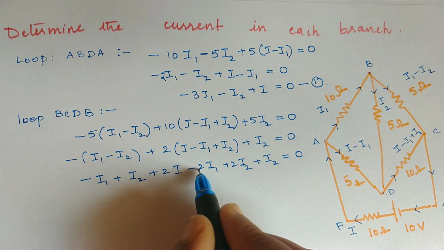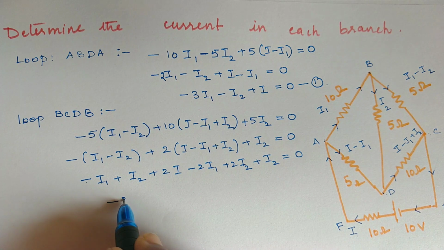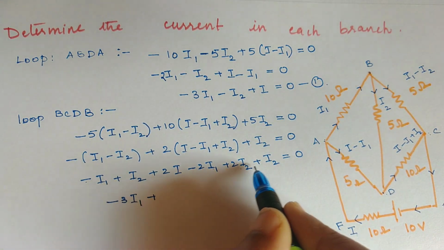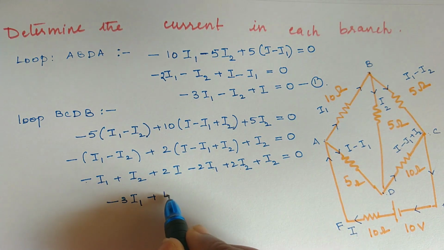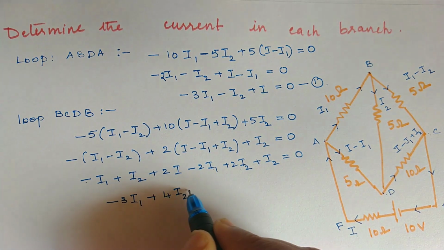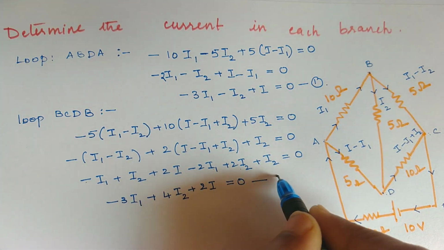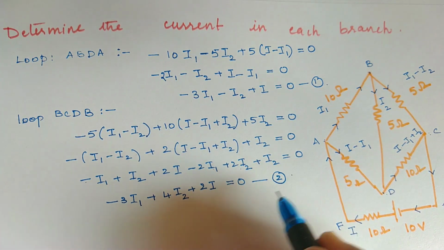Bring all I1s together. Minus 2I1 minus I1 is minus 3I1, plus I2 plus 2I2 plus I2, it will be 4I2, plus 2I should be 0. Call this as equation 2.